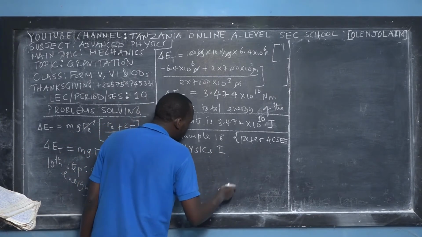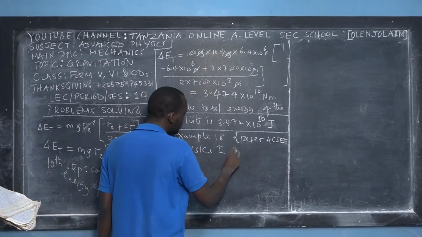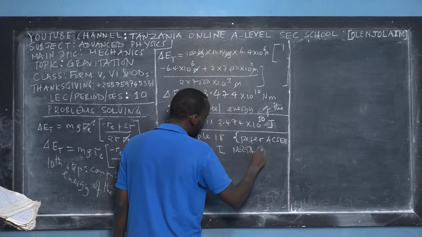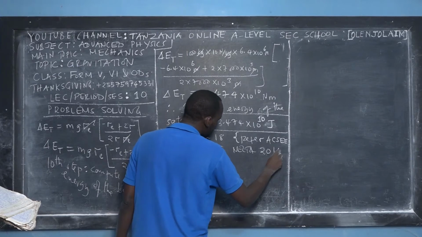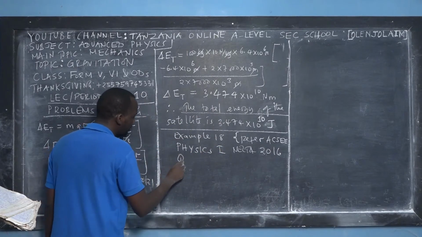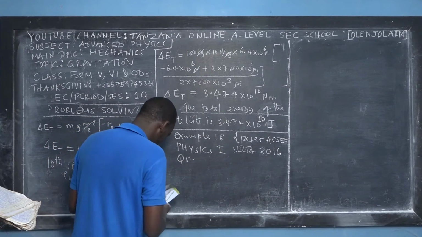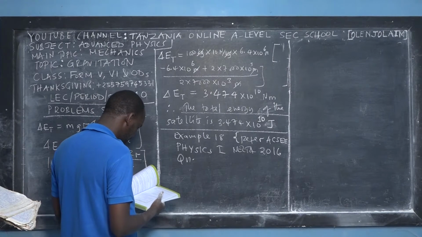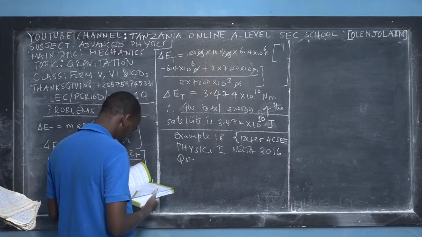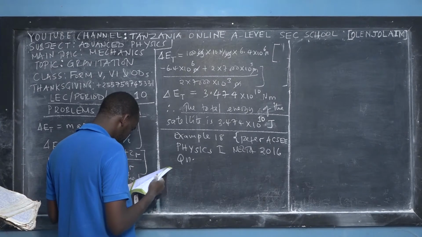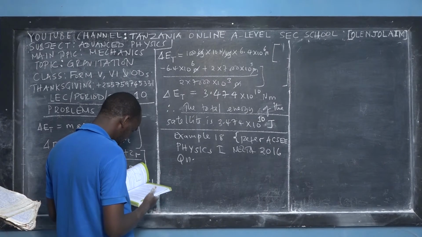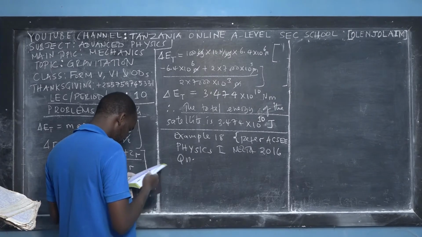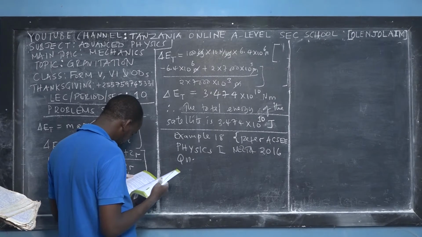And then for the year, let us solve the NECTA of 2016. It was question number 5 or 6. So let us write it for you to try many questions and test yourself. I insist you have this review book, as I told you in the beginning.